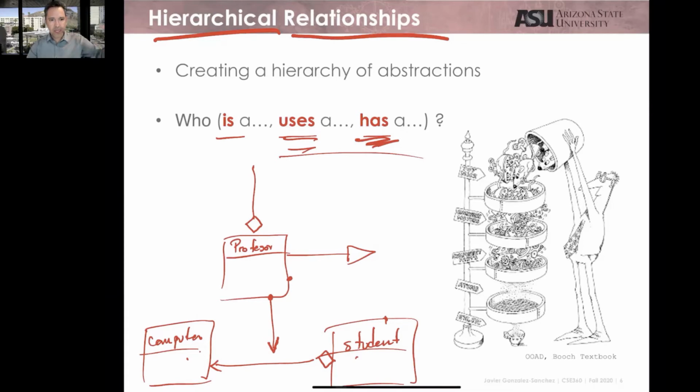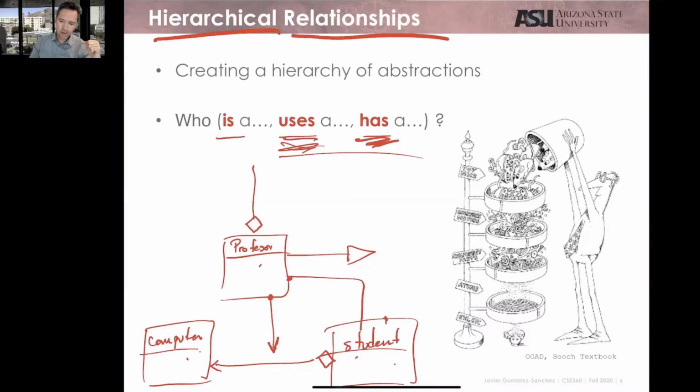The professor does not have a student. The student does not have a professor, like having possession. Probably what you need between those two is a using relationship, and probably the relationship is going to be bidirectional, just trying to represent that the professor calls methods in a student or a student calls methods in a professor. Calling a method is this idea of using, asking for something.